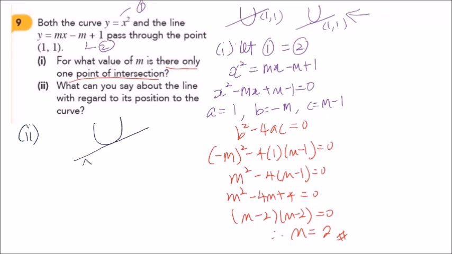What do you call a line when it only touches the curve at one point? What do you call the line when it touches only the circle at one point? Yes, so this line is actually called the tangent line.